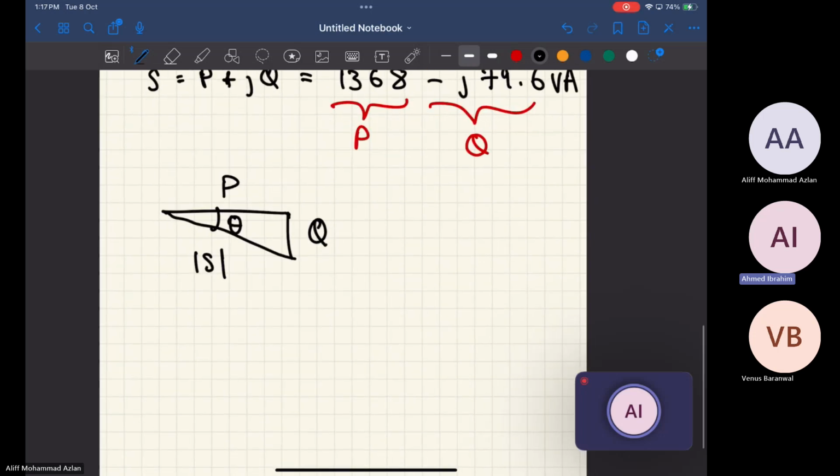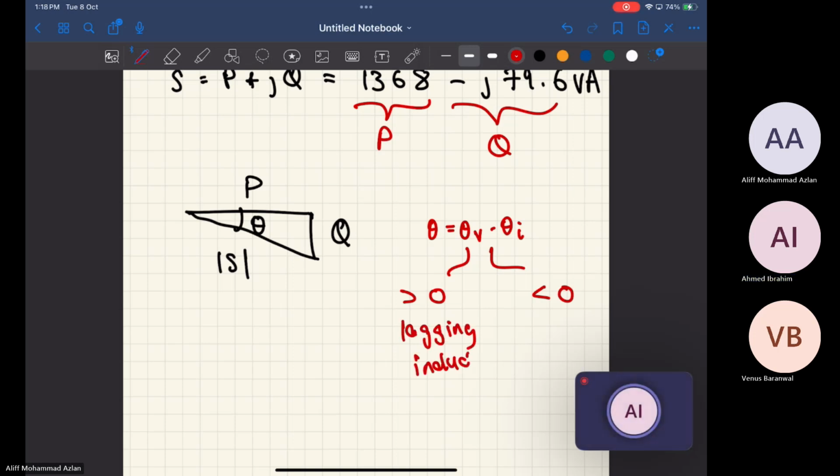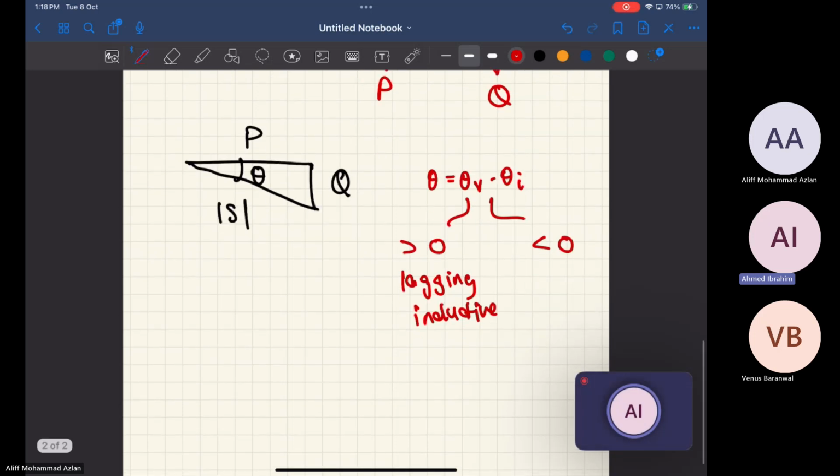So I'll just summarize the stuff here. Theta is equal to theta V minus theta I. And then we've got two cases. Either it's greater than 0 or less than 0. If it's greater than 0, then that's lagging and inductive, which means you draw the power triangle facing up. And if it's less than 0, then it's leading and it's capacitive.